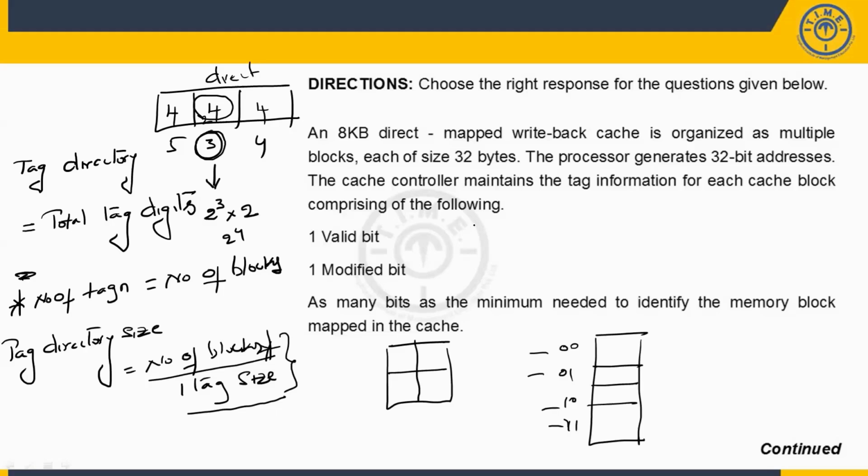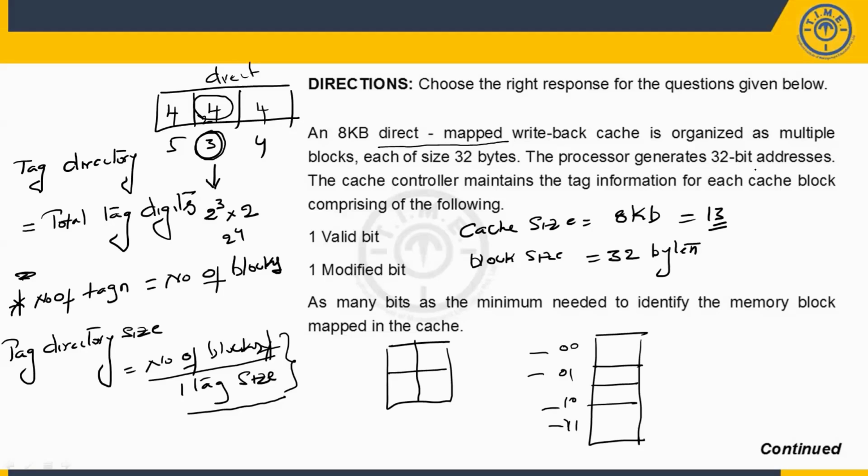The cache size is equal to 8 KB. 8 KB requires 13 digits. It's a direct mapped cache. Anyhow, it is a direct mapped cache, so we don't have any problem here. Otherwise, with multiple blocks, the size of the block is equal to 32 bytes.